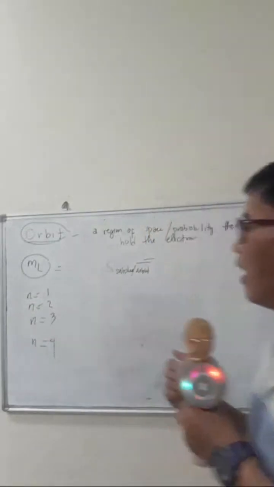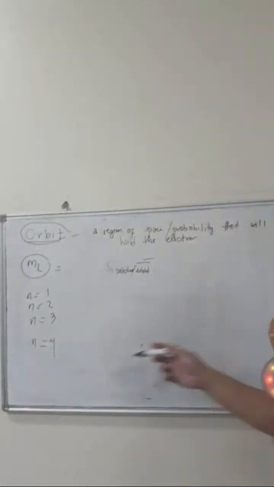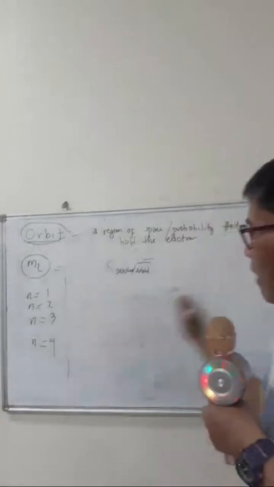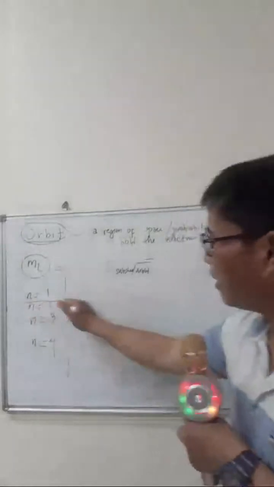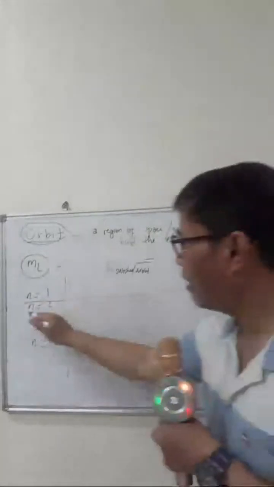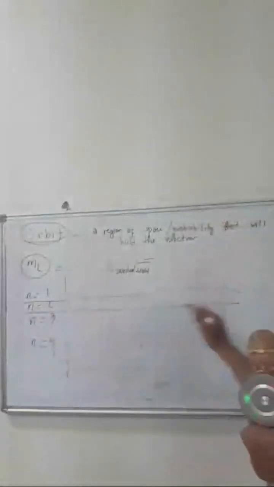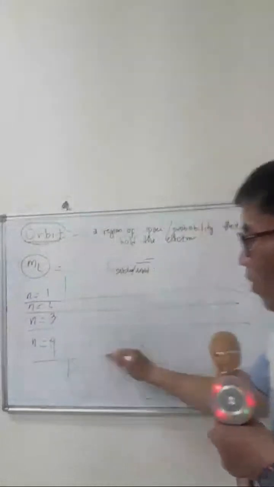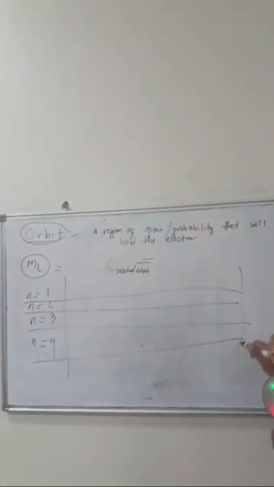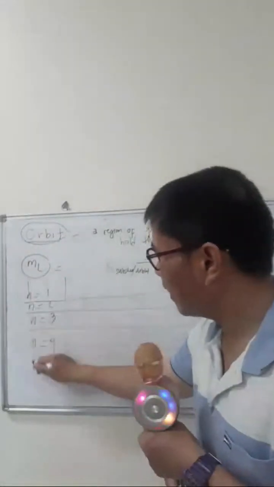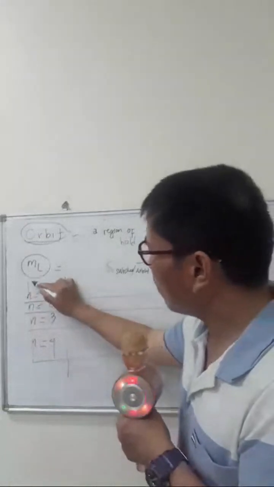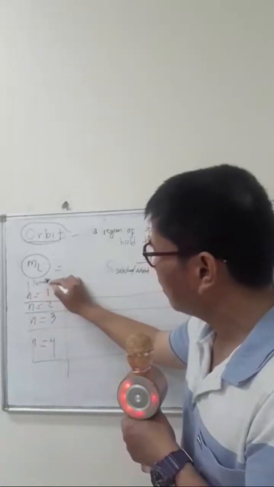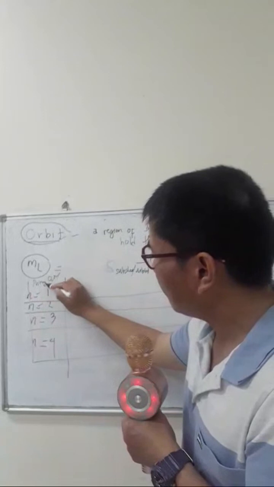So, let's draw a table, like that, so we can understand really what's going on here. A table composed of rows and columns. Now this is our principal quantum number, PQN, or the energy level, n.